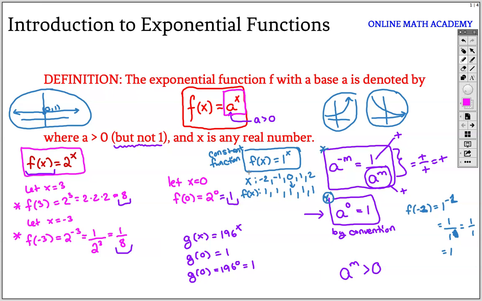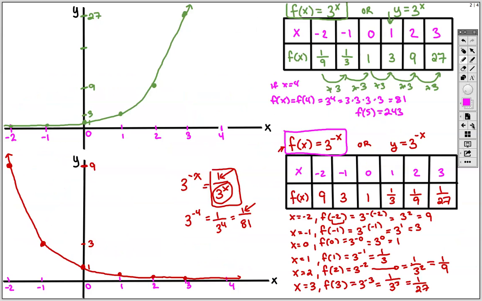And if this guy a was 1, we showed that that's a constant function, something that always equals 1, not something like this or this, which is exponential growth and decay functions. Okay, we reviewed a little bit of our laws with exponents, then we actually graphed two exponential functions. This one was a growth function, and this one was an exponential decay function.